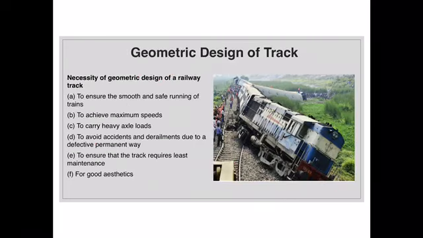Next, as we said, we will be discussing all the geometric components in the design of the tracks. What is the necessity? First, we all know a railway track needs to be properly designed, similar to highways, because improper geometrics lead to various disadvantages.